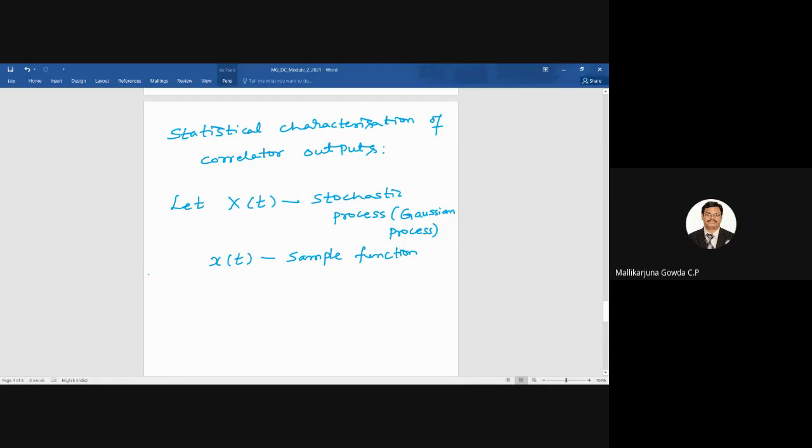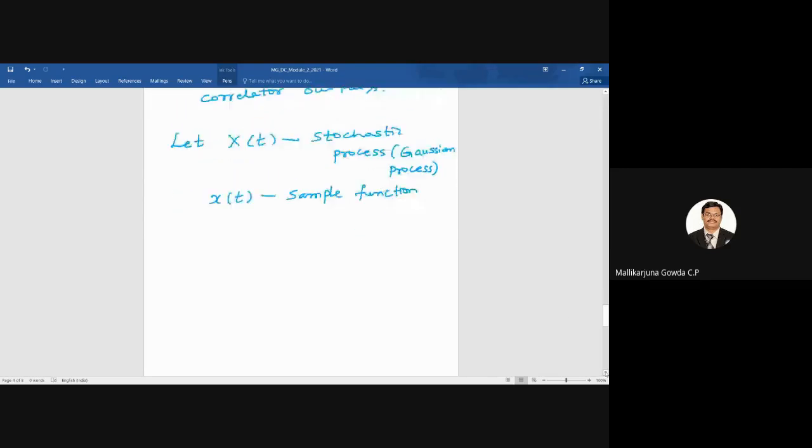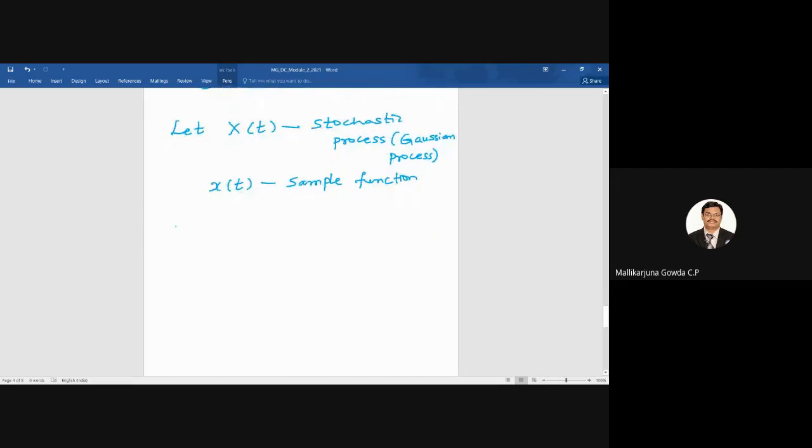Already these things are known. You have come across these terms, so I'm repeating just to have better clarity. Then let me say what is capital Xj. This is the output of the correlator, and it is a random variable, I said.